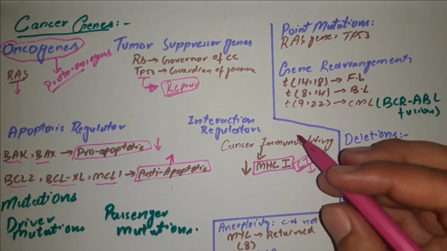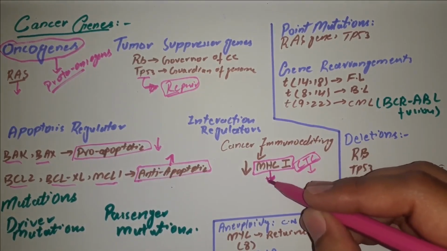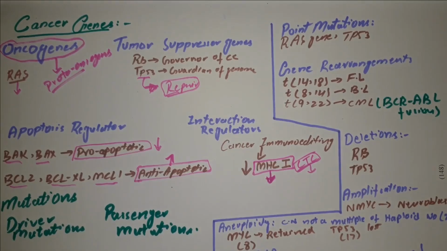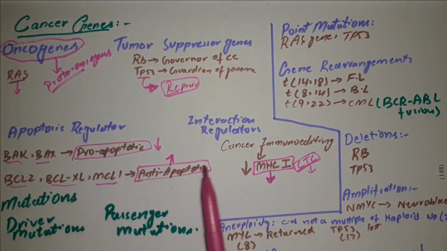What happens? Tumor cells downregulate the MHC1 protein, and when they do, they become invisible to the immune system and evade the immune response. In this way, these four genes, basically oncogenes, tumor suppressor genes, apoptosis regulators, and interaction regulators, lead to the development of cancer or tumors inside the body.